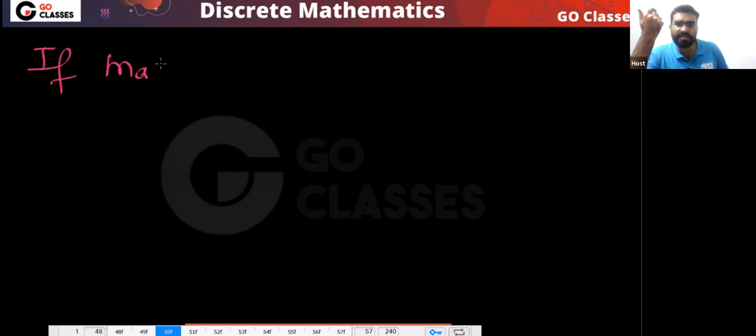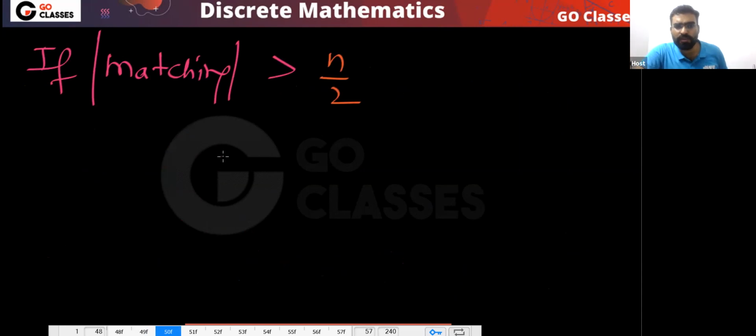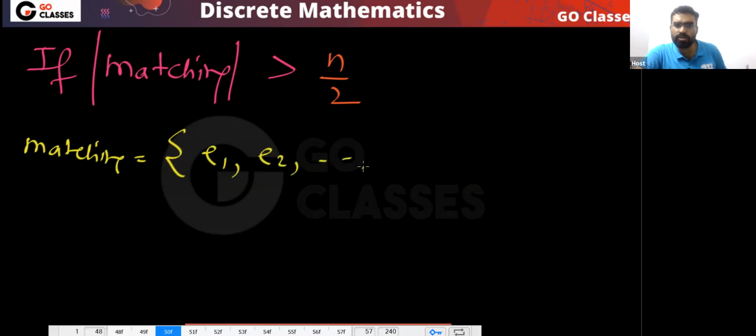If the size of the matching is greater than n by 2, it means you have a matching with E1, E2, and so on up to EK, where k is greater than n by 2. Then what does it mean?